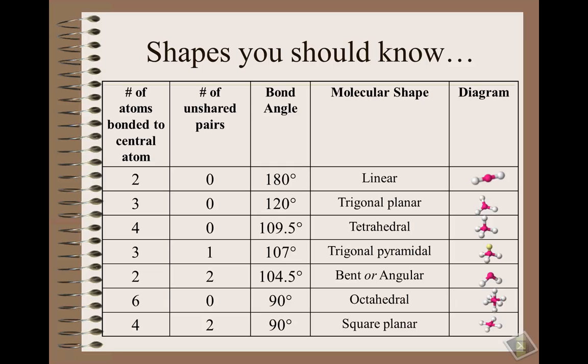Each of those steps takes some time to get used to, practice with, and memorize the shape associated with the bond angle. But Lewis dot diagram, ratio of atoms bonded to the central atom and unshared pairs on the central atom only, okay? Determination of the molecular shape, and finally the bond angle.